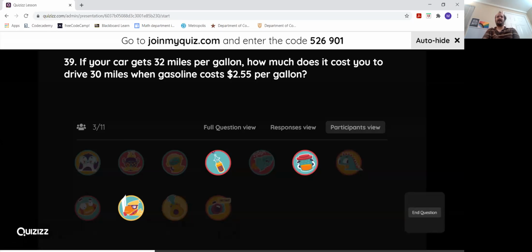But if I get 32 miles per gallon, if you just write out your units and what they mean, what does that mean? 32 miles per gallon means 32 miles, and I have a division bar and I have 1 gallon. I have that ratio somewhere in there. And if you write out things so that they cancel out, you should be getting a correct solution.